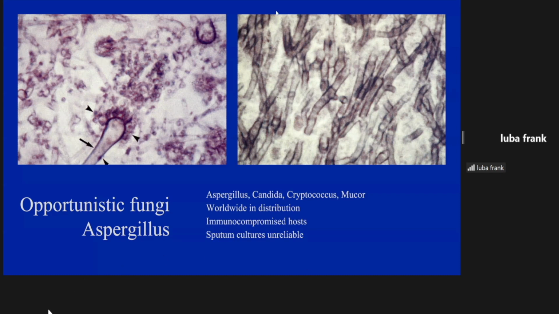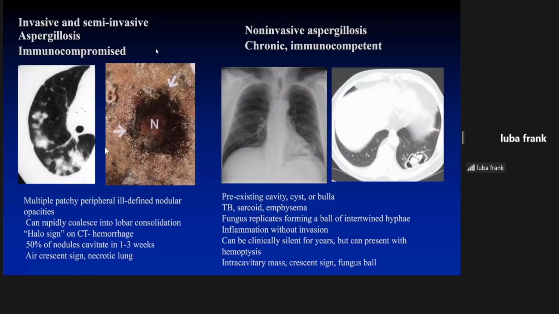So just to recap, just one slide to show you, because I'm sure everybody is familiar with Aspergillosis. We're talking about invasive and semi-invasive Aspergillosis in immunocompromised patients, and non-invasive Aspergillosis in chronic or immunocompetent patients. And the hallmark or specific signs that we're looking for are the halo sign in invasive and semi-invasive Aspergillosis, that indicates the area of necrosis and invasion and hemorrhage around the lesion, and 50% of those nodules are going to cavitate because they're going to evolve.